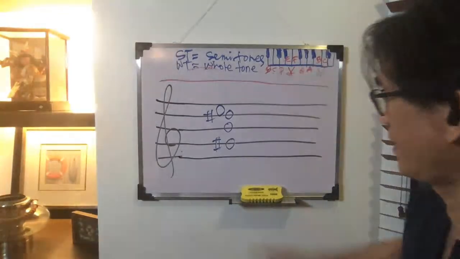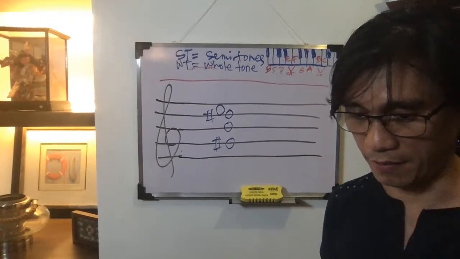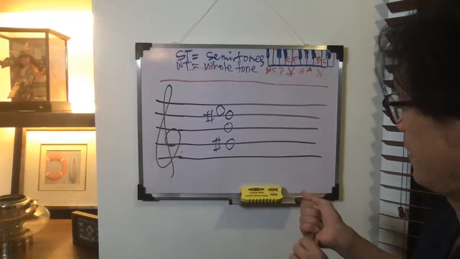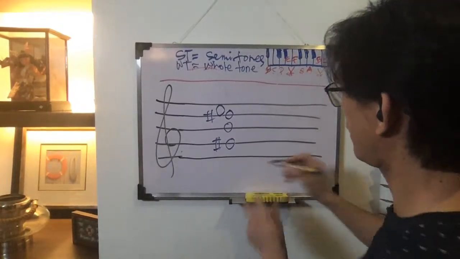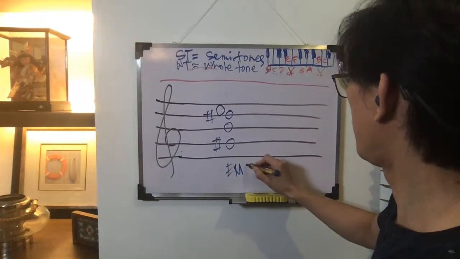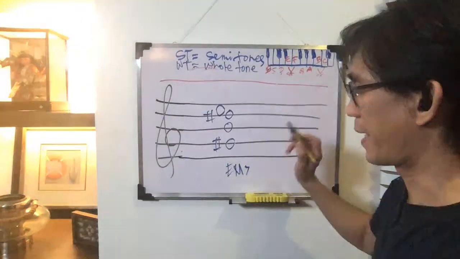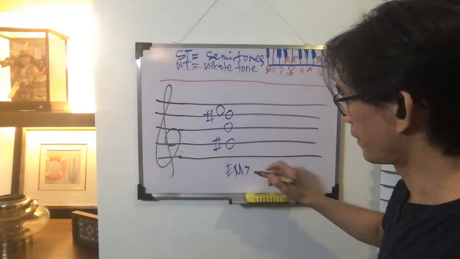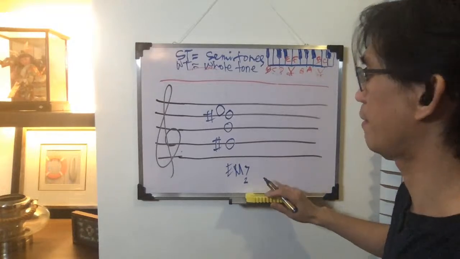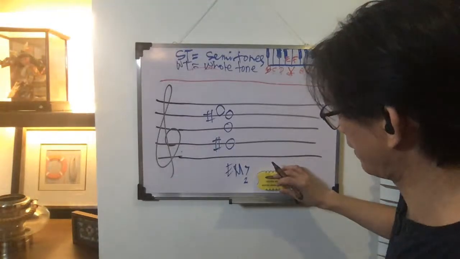Yes, this is E major 7 second inversion, but you can always write it down, but actually, we can put here a 2 because it's a second inversion. So E and 7 2 for second inversion.